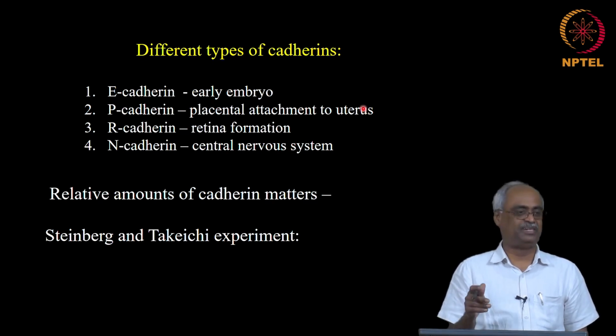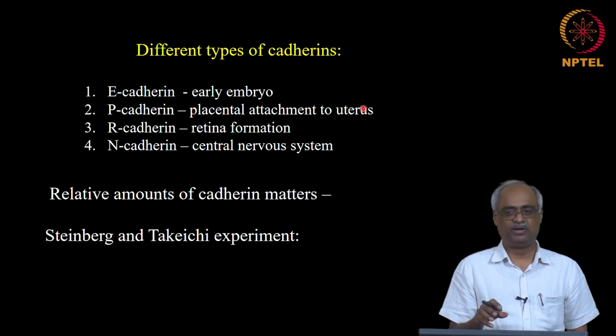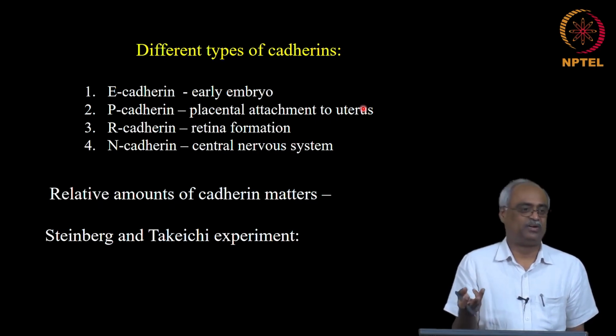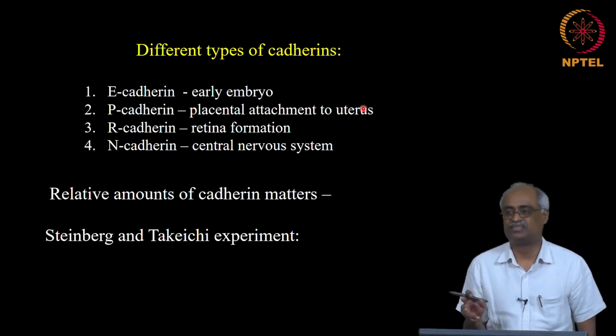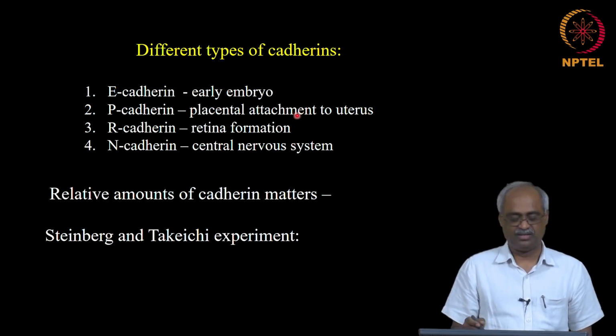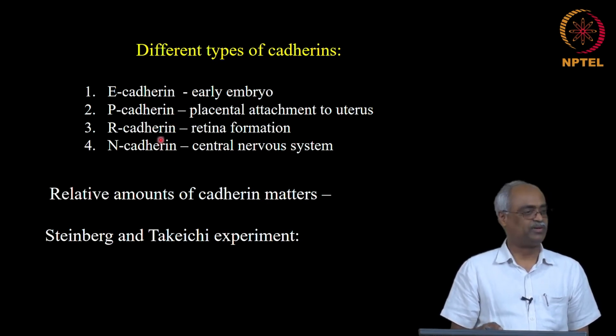Dynamic changes in cadherin production is very important when the fertilized oocyte comes to the uterine walls. It has to get anchored there, otherwise it is not going to survive, it is going to be lost, and that requires cadherin interaction, attachment of the embryo to the uterine wall. Then you have a retina specific one called R cadherin, a nervous system specific one called N cadherin, and so on.